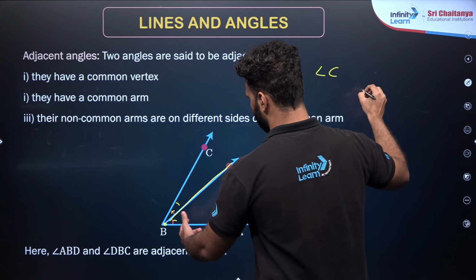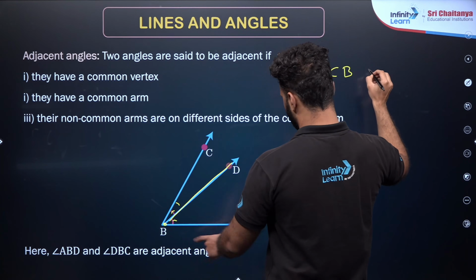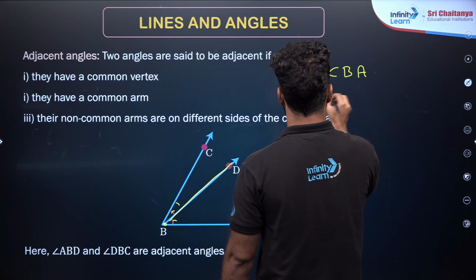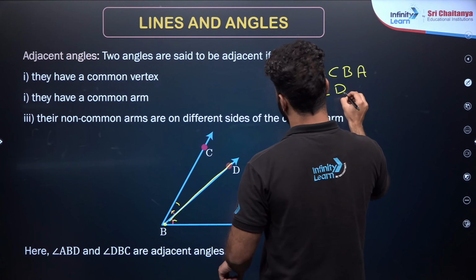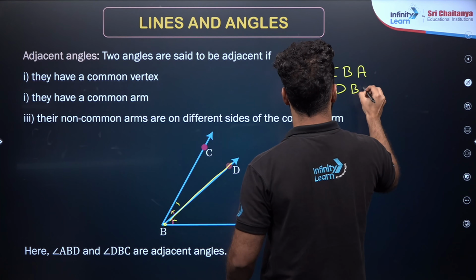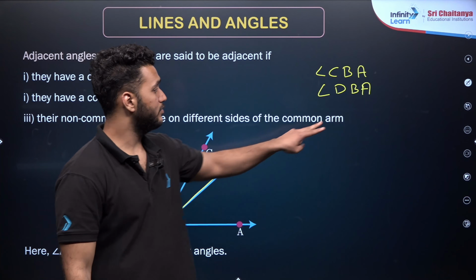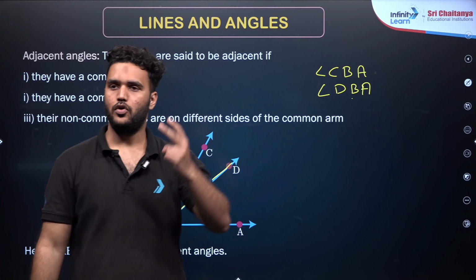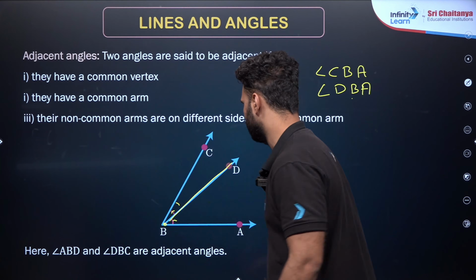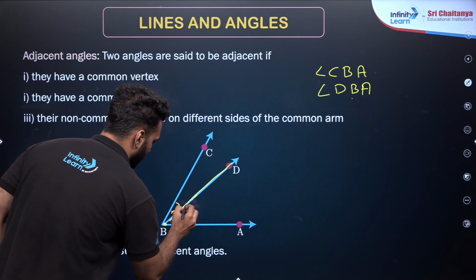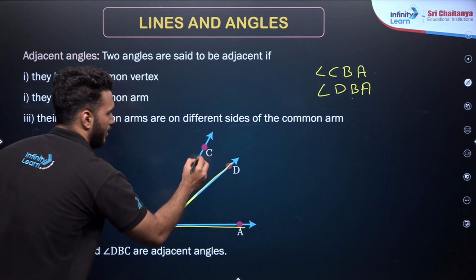Angle CBA and angle DBA. Both angles have the common vertex B. Try to see these two angles: one is this and one is this.